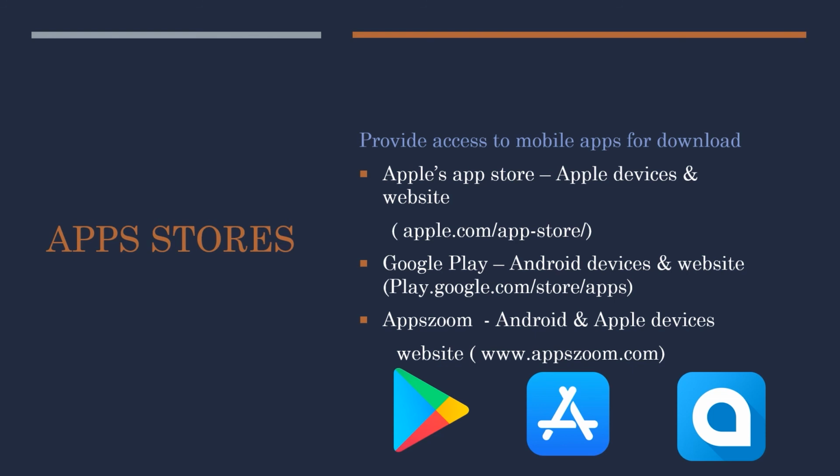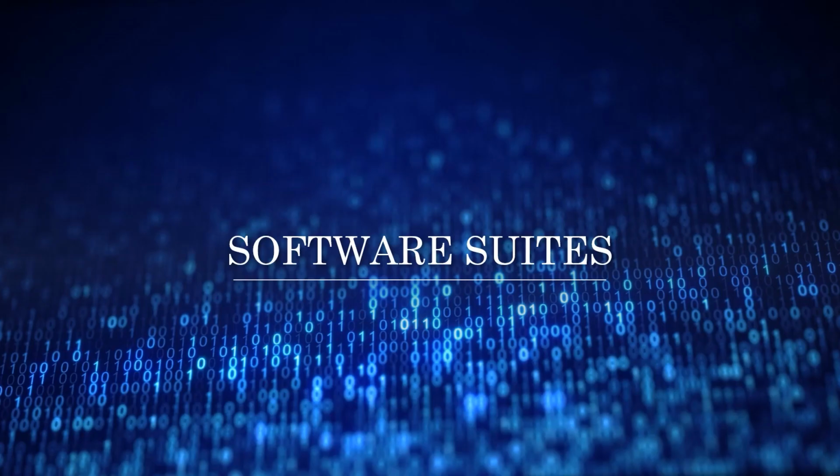For the Apple Store, you can get access from your Apple device and also the website. For Android users, you can also open Google Play Store on your Android device and also the website. This app, Zoom, is the first time that I heard of this app store. It's literally the same as the Apple Store and Google Play Store, and it can also be accessed from Android and Apple devices or from the website.